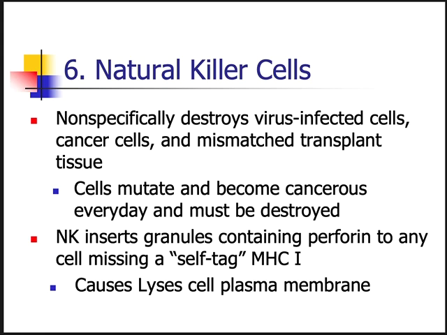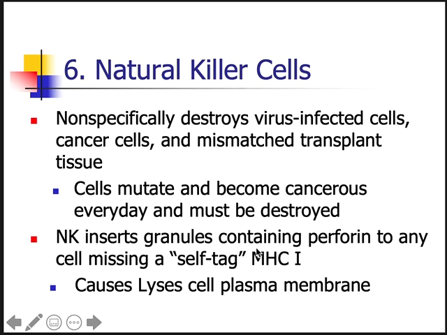Your own cells, if they become infected or start to become cancerous, they change, and they change specifically what we call the MHC1 self-tag. They will change the way that it looks, and so then your natural killer cell will kill it.